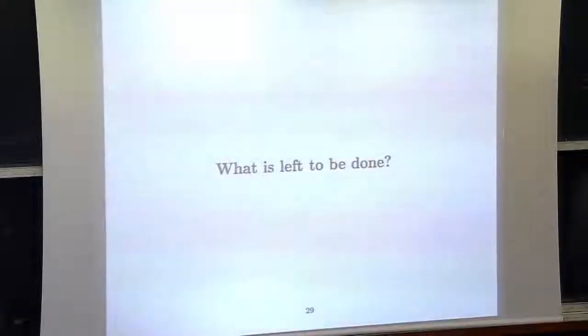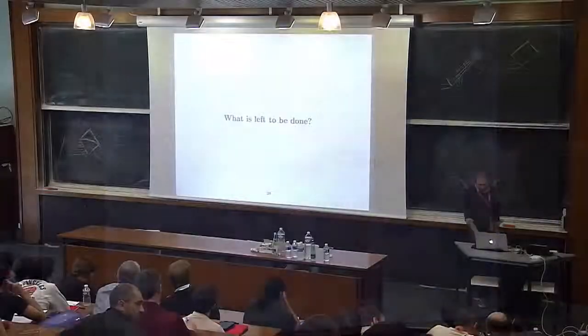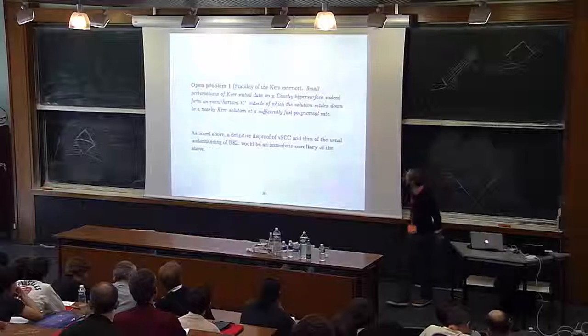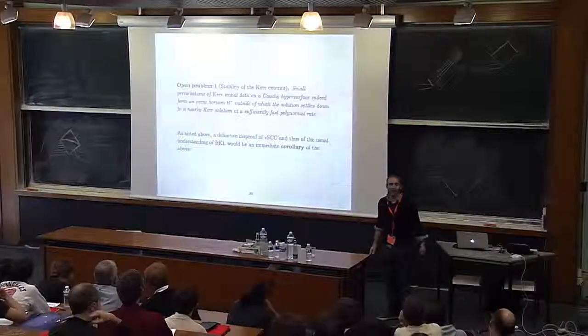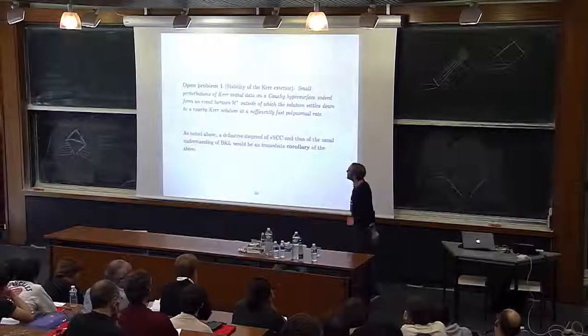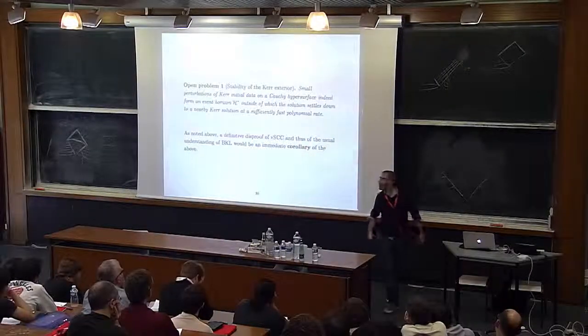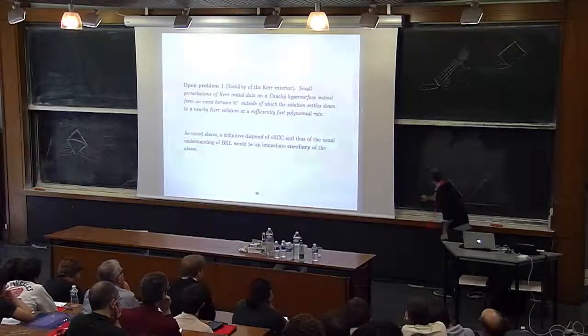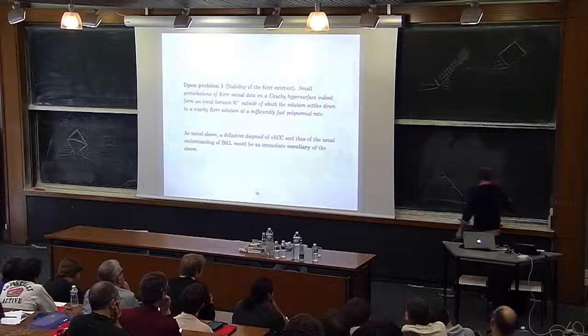So let me briefly end with what's left to be done around these problems. So open problem 1 is, of course, to prove the stability of the Kerr exterior, namely that small perturbations of Kerr initial data will indeed lead to black hole solutions.